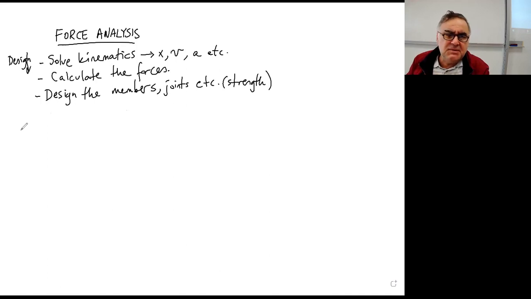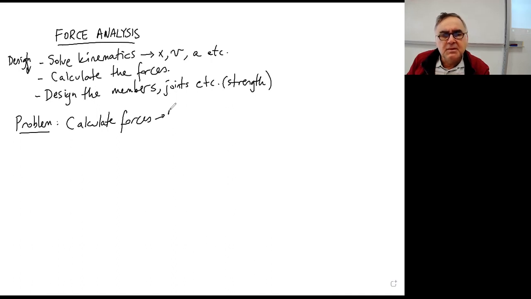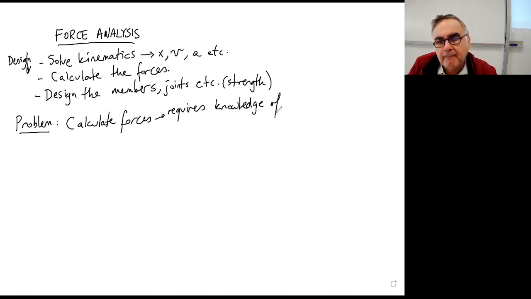Of course, this is the logical procedure, but there is a problem here. You can guess that. If you want to calculate the forces, this requires some knowledge of mass and inertia, isn't it?